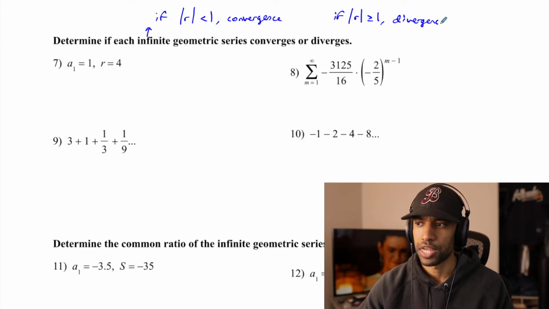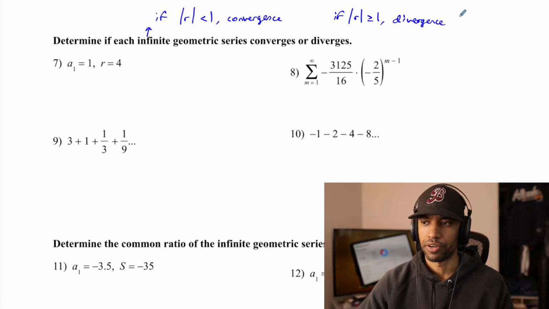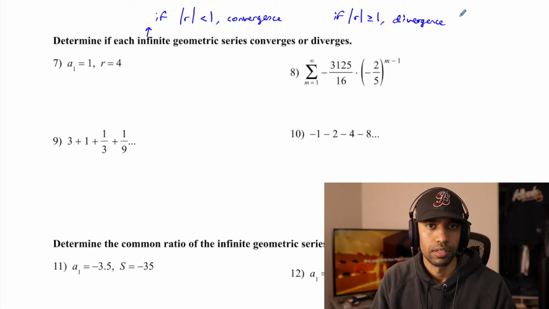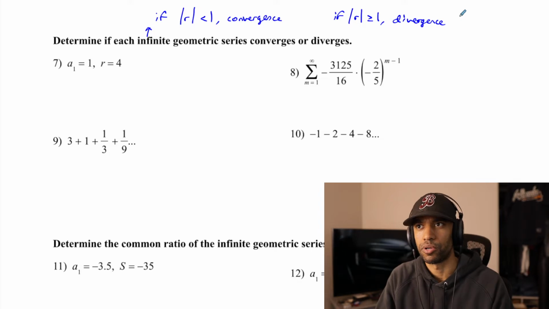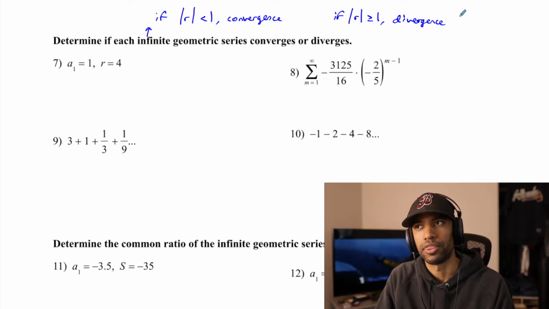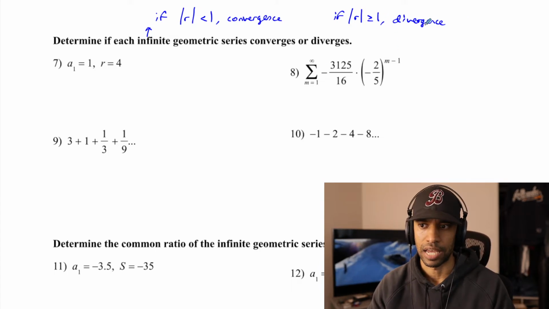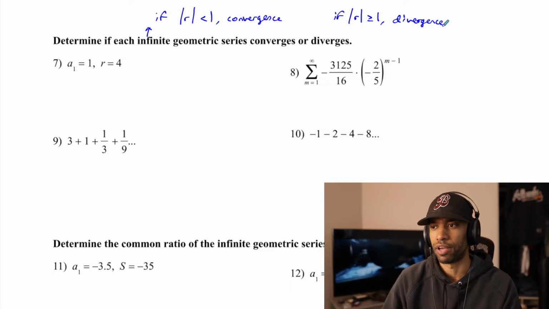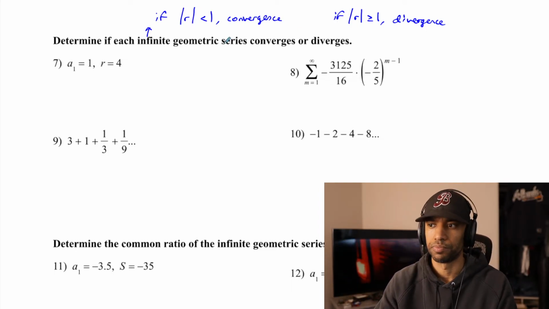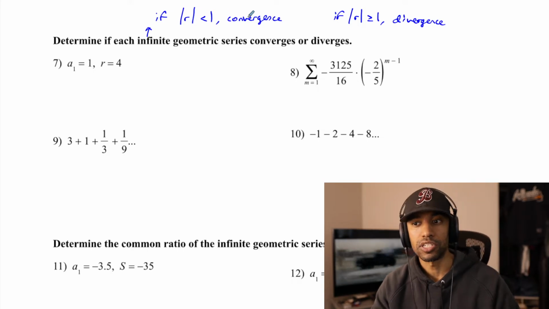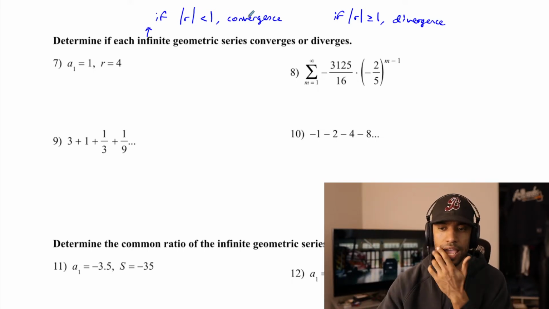Now, I don't like to think of a geometric series having a common ratio of 1 or negative 1. I suppose it's possible to mention it that way, but all I know is in that case it would also diverge, because it doesn't approach a single value. So I'll include the equal to. But for the most part, we consider r to be either. Now, when I say absolute value of, I mean even in a negative form.